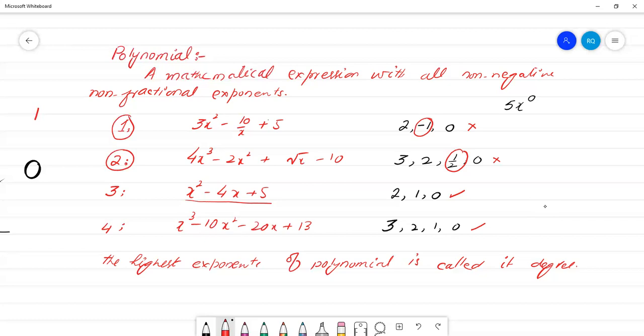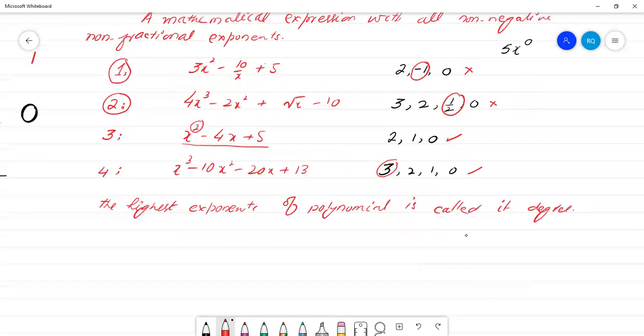The highest power is 2, so the degree of this polynomial will be 2. Similarly, in the fourth example, the highest exponent is 3, so the degree of this polynomial is 3. Is it clear, beta? Yes, sir.